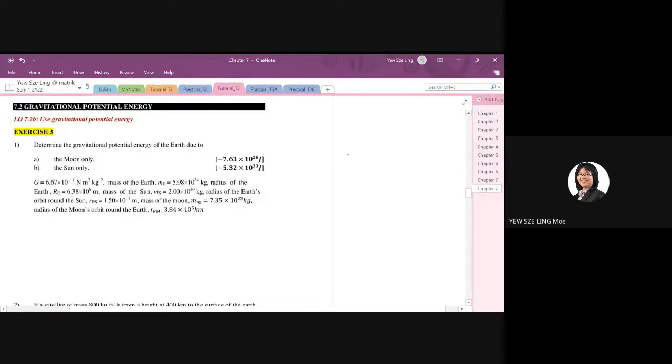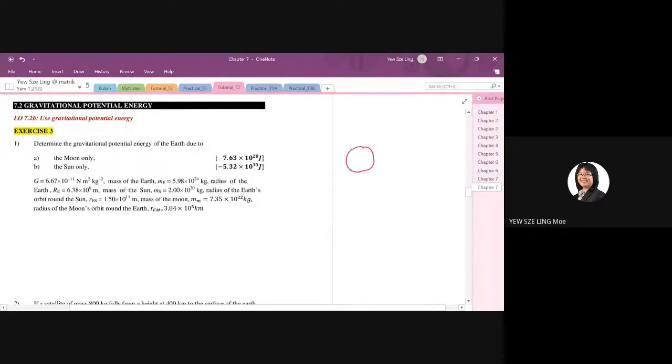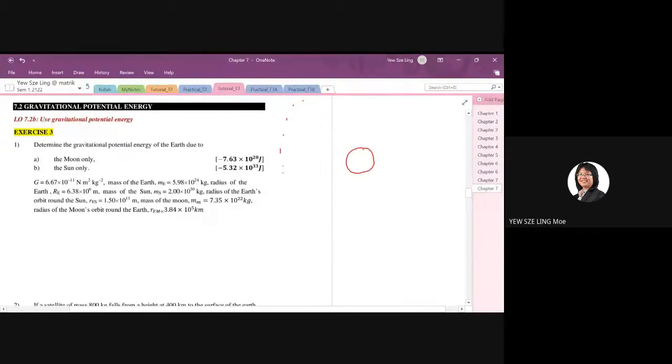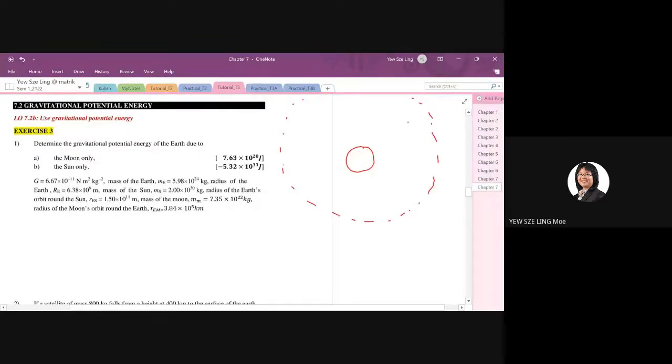So let's say now you have a planet, and there's a gravitational field around it. Anything that you place inside this gravitational field will experience gravitational force.